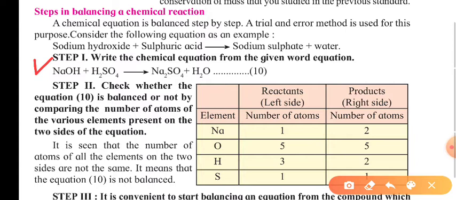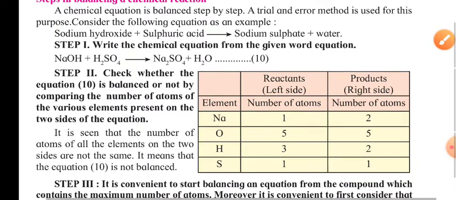If it is given in word form, like here they have given us sodium hydroxide plus sulfuric acid gives sodium sulfate plus water, then first we have to write it in molecular or chemical equation form. That is already mentioned here: NaOH plus H2SO4 gives Na2SO4 plus H2O, meaning sodium hydroxide reacts with sulfuric acid forming sodium sulfate and water.